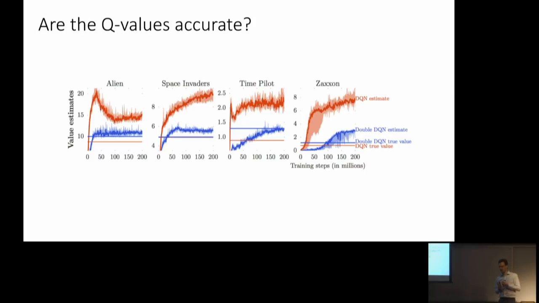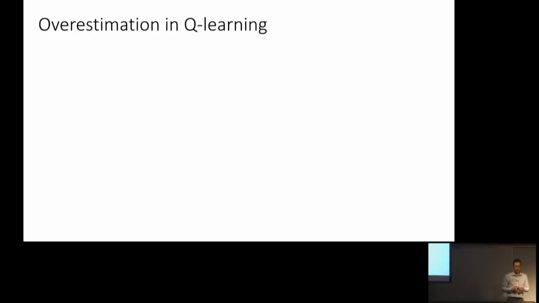So why might that be the case? There are some pretty complicated reasons why this happens, but there's a relatively simple explanation that gives the bulk of the intuition. The simple explanation has to do with what happens when you take the max of a collection of random variables. In Q-learning, the way that you compute your target values is you take a max over possible actions.